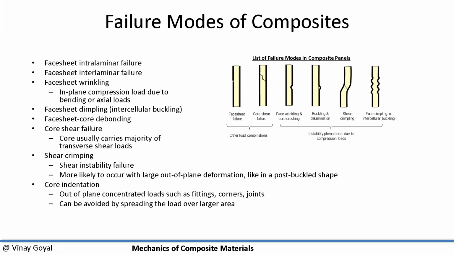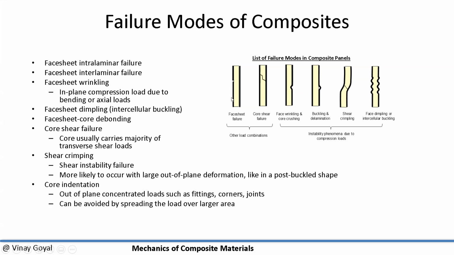So if you have out of plane concentrated loads, so you have an attachment here, an attachment right there, the attachment can push a concentrated load into the fitting corner joints, and I will show that in a case study later in an actual application. And that can be avoided by spreading the load over a larger area.